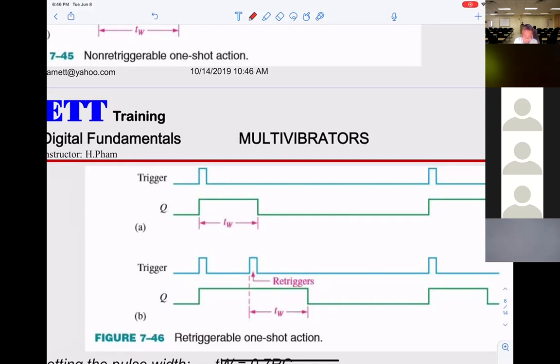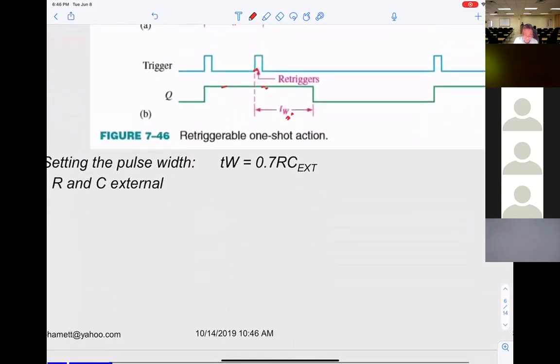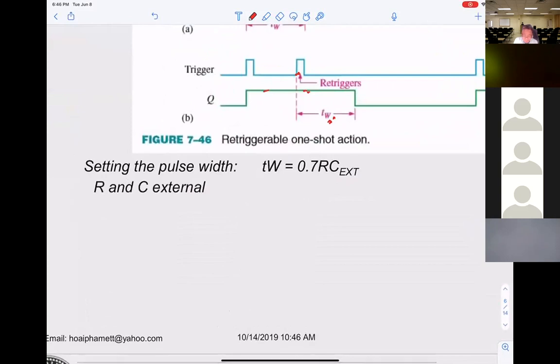That means when you apply the pulse here, and they trigger another one here, you get another TW here. That's just re-trigger right here. They're setting the pulse width TW equal to 0.7 times R times C. So if you want the width of the pulse, you can select R and C, which are just external.